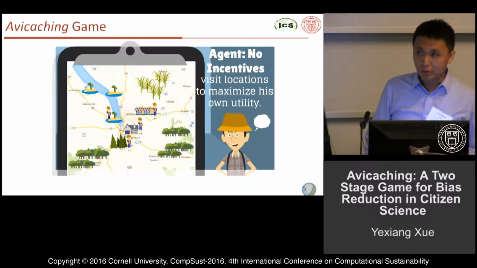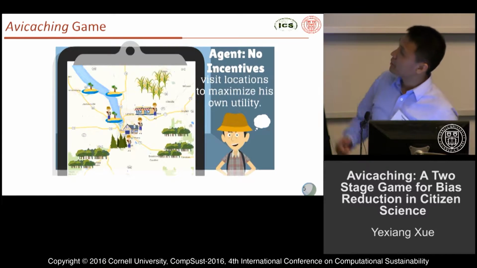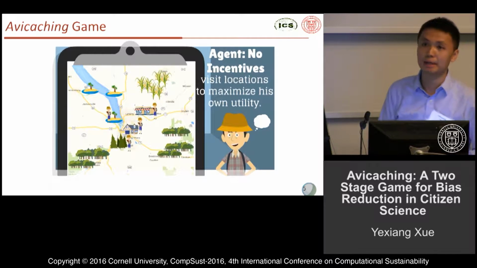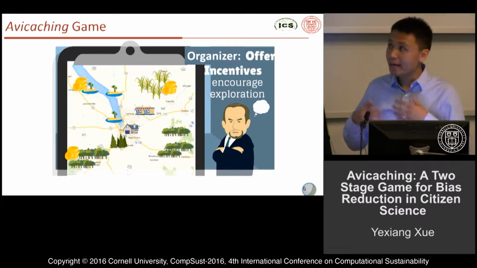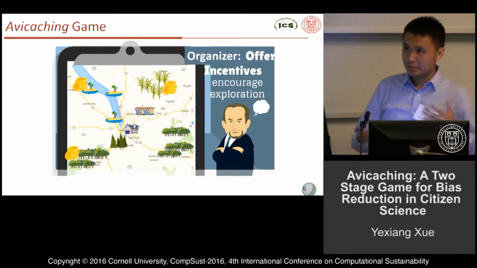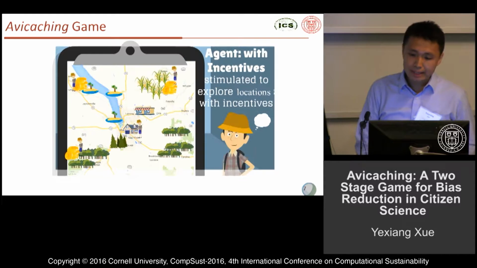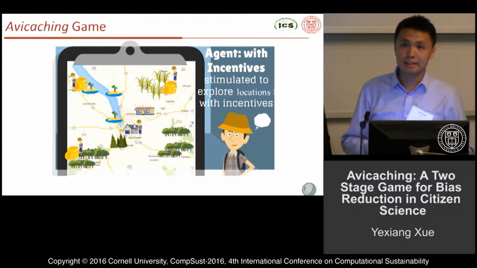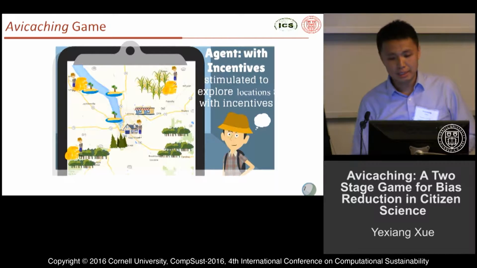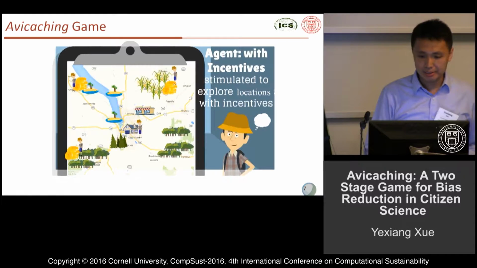Suppose there are no rewards, then the bird enthusiasts come and they would choose to go to their favorite places. And then we, as an organizer, offer some external incentives at those undersampled locations. And then the bird watcher comes again. He would look at these external incentives, and he would potentially shift some of his efforts into these undersampled areas.